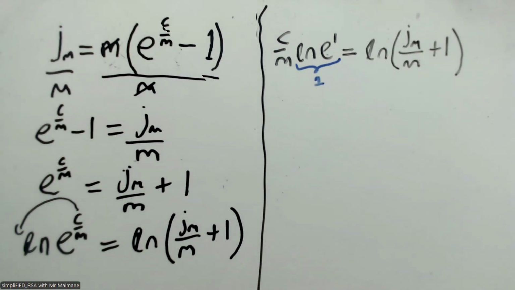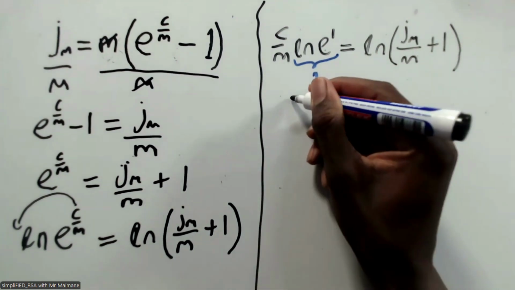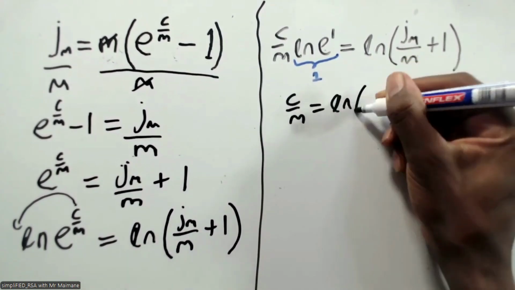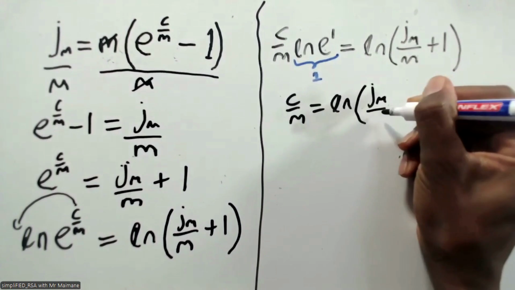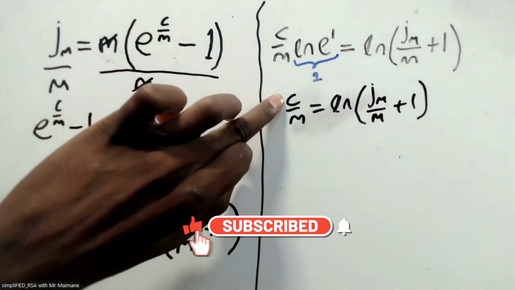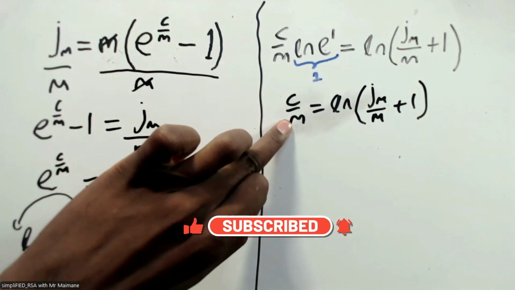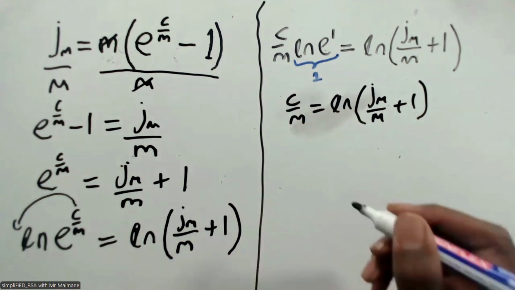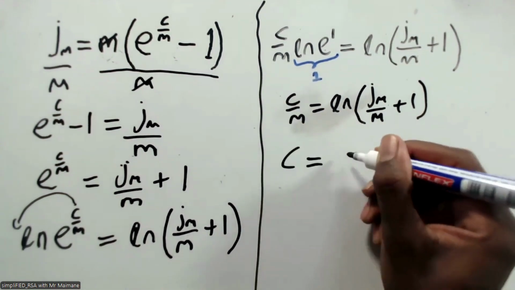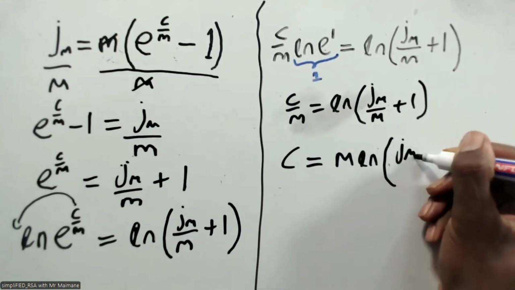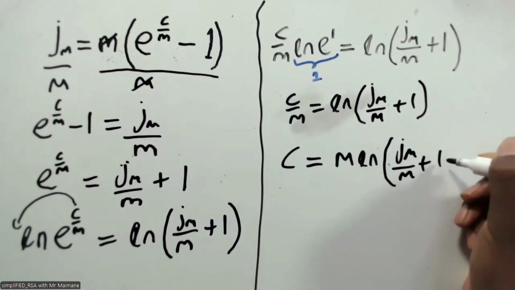So c over m equals ln of (J_m over m plus 1). Because I want to calculate c, I cross multiply the m to that side, so the final formula is c equals m ln of (J_m over m plus 1).